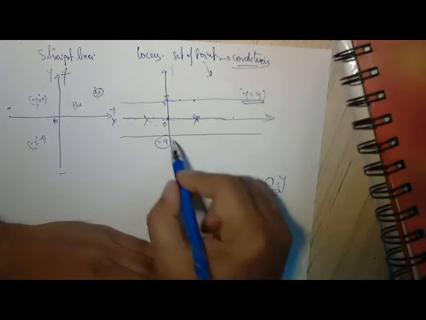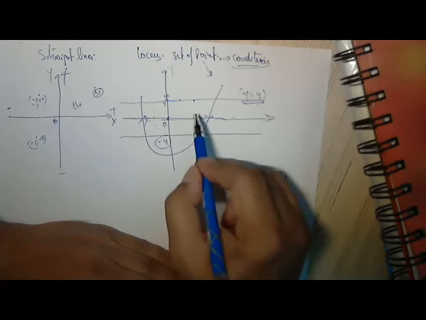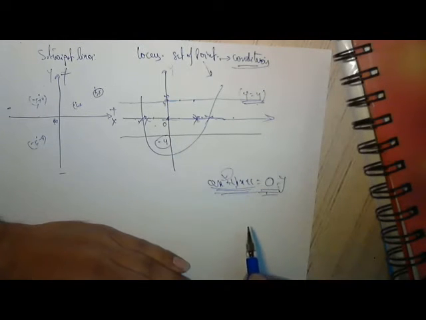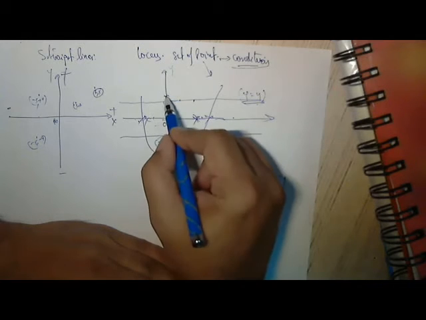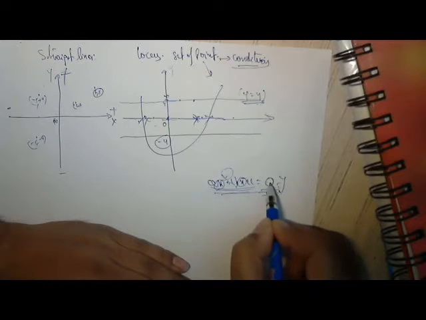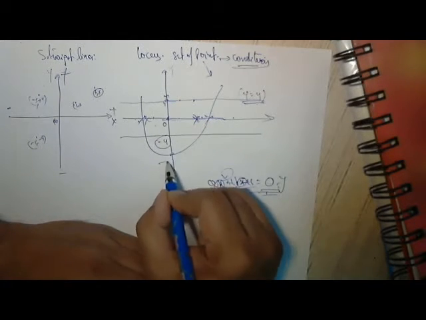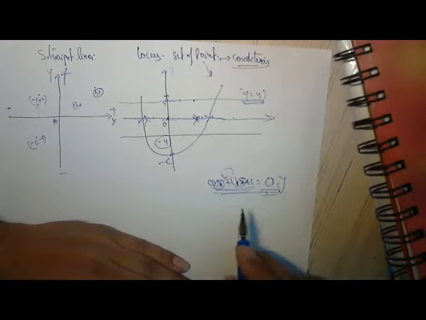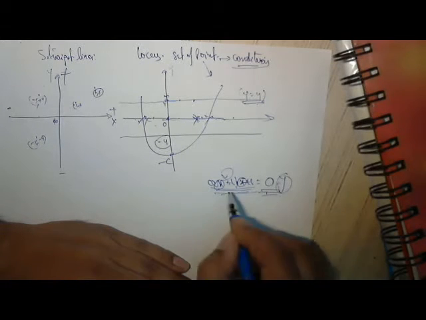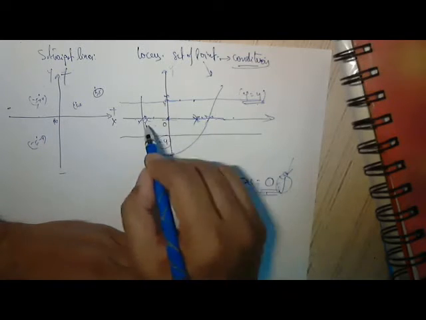This has 2 roots because it is of degree 2. Suppose I want the intercept on the y-axis, then I put x is 0. So y is c. If it is minus c, then this is minus c. Like that, whenever I have to find the intercept on the y-axis or x-axis, I have to put the other axis as 0 so that I'll get the intercepts.